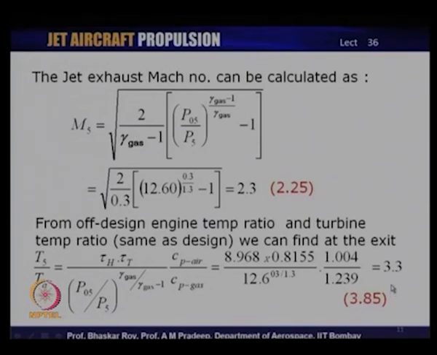So the nozzle exhaust temperature now is less than the nozzle exhaust temperature under design operating condition, which essentially means that it is going out with a lower temperature under off design operating condition.